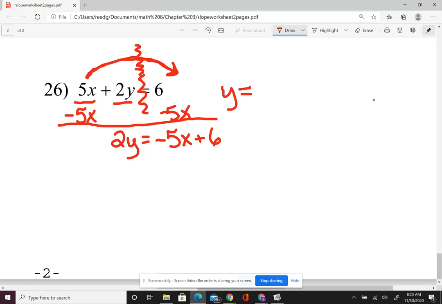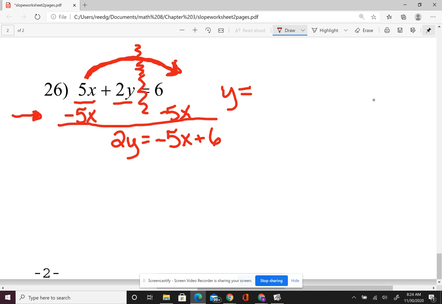So you really don't have to show this work right here if you put that arrow here and move that whole term and change the sign of it. If that doesn't make sense to you, then go ahead like you would normally solve for a variable and take the opposite of what's being added and put it on the other side of the equation. Add the opposite to both sides.